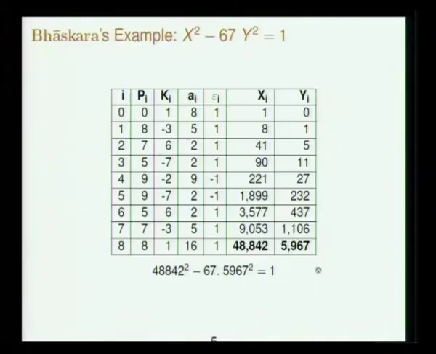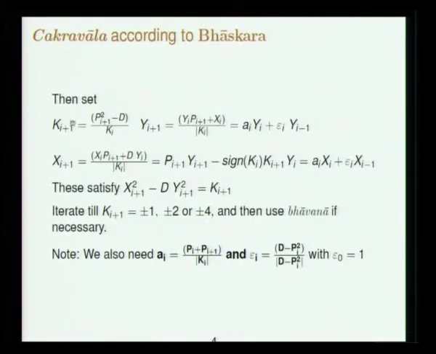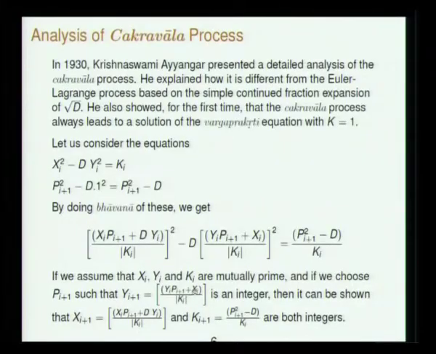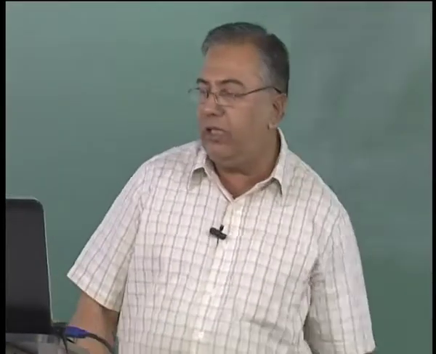So the first thing is to show that the quantities that appear in this algorithm are all well defined and non-negative. That was the first thing that we have to do when we analyze an algorithm like this. What can be shown is very simple. If we assume that xi, yi and ki are mutually prime, that means they have no common divisors, and if we choose pi plus 1 such that yi plus 1 is equal to (yi pi plus 1 plus xi) by mod k is an integer, that was the Kuttaka version of the Chakravala algorithm, that the first condition was put in the Kuttaka way.